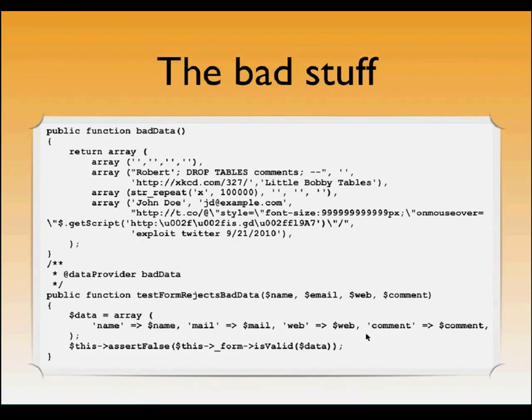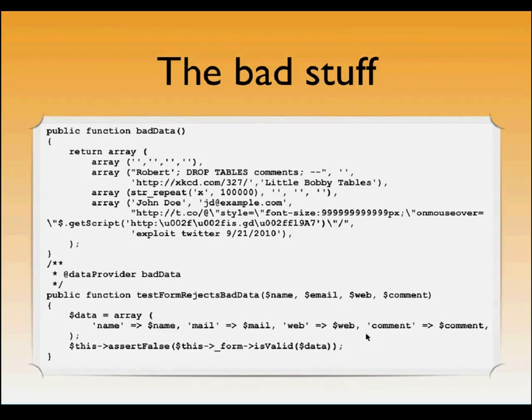So first of all, here comes empty strings. Little Bobby tables comes in second. Let's see if we can go over 100,000 characters. And we also want to have the mouse over exploit. The beauty of this is that as soon as you have a new exploit, I mean this is dating about 2010.